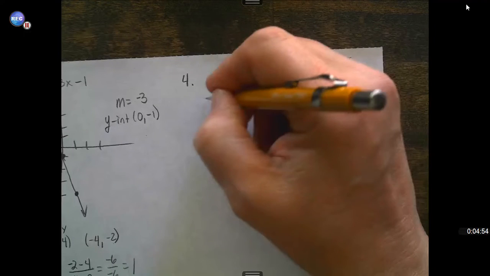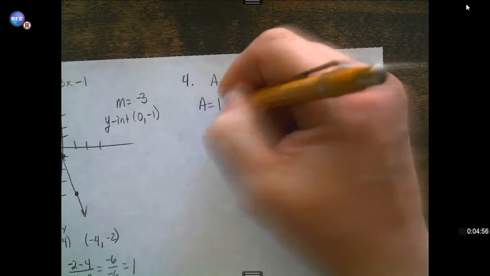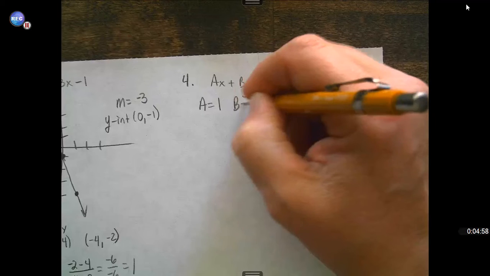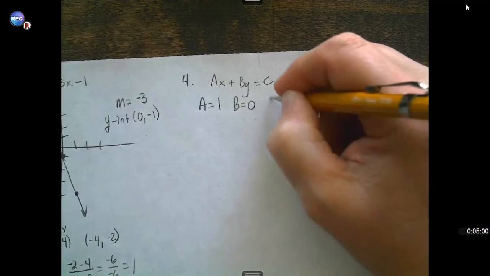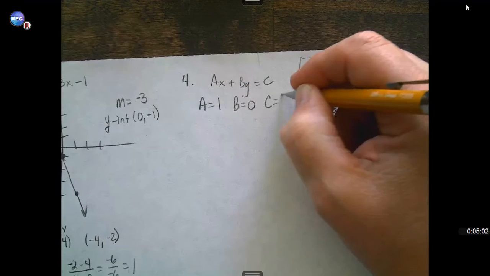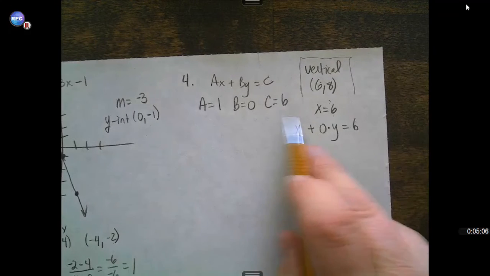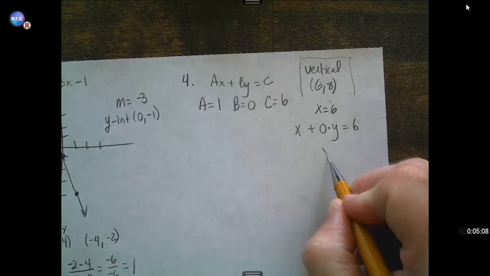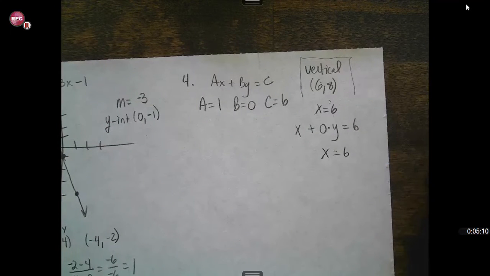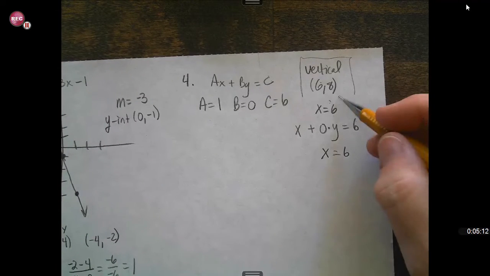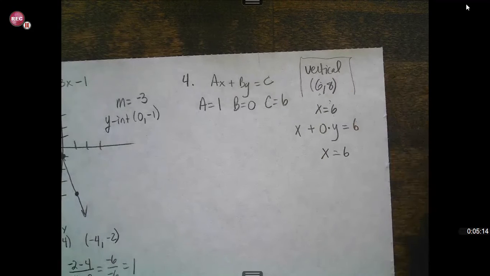So in order for this to work, a has to be 1, b has to be 0, and c has to be 6. Because when I plug those in for a, b, and c, and I simplify, I get x equals 6, which is the equation of that vertical line through that point.